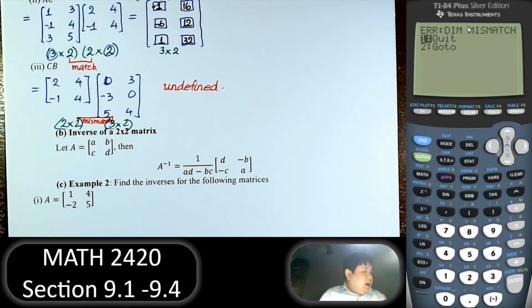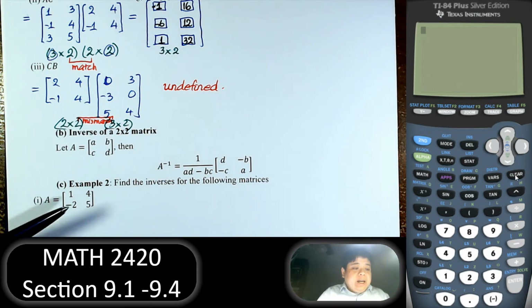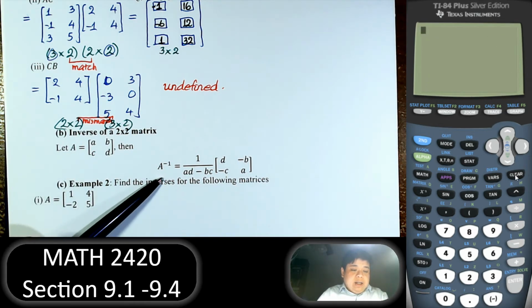Next, inverse of a 2 by 2 matrix. We only do the inverse of a 2 by 2 matrix here. We won't do the inverse of 3 by 3 or higher because that takes a lot of work. The inverse of a 2 by 2 matrix is given by this.